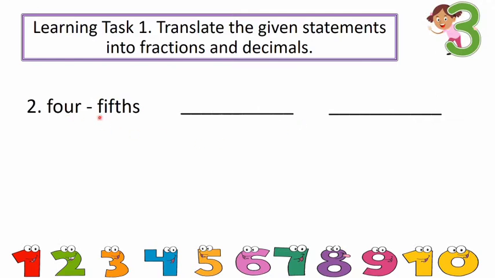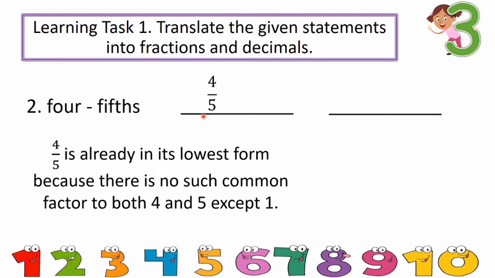Let's have a second example. We have 4/5. So 4 will be written in the numerator and 5 will be written in the denominator. Take note that 4 over 5 is already in its lowest form because there is no common factor to both 4 and 5 except 1. So how are we going to rewrite it in decimal form? Again, numerator divided by the denominator.